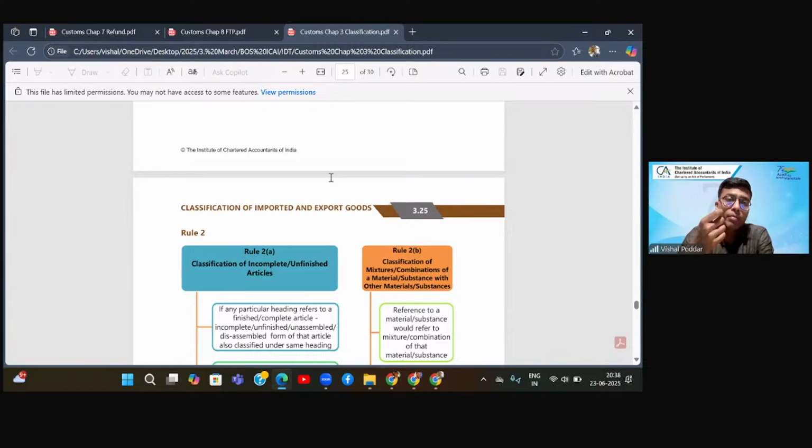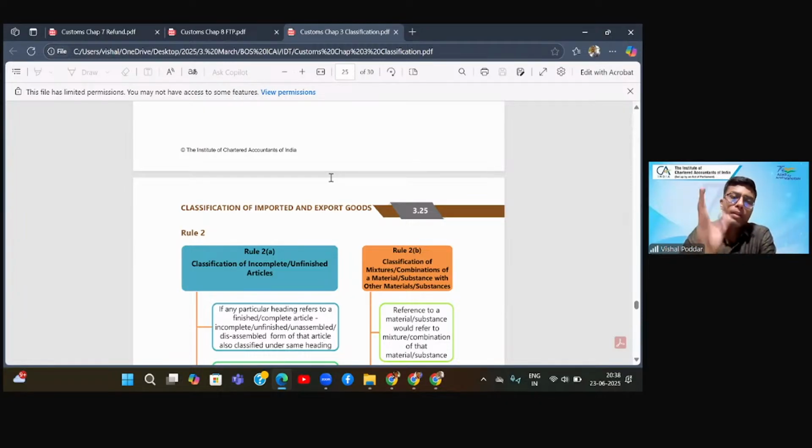Whether playing cards will be classified under products made of paper or under toys, that is where you have to read the section headings and chapter headings, because they very specifically mention where playing cards will be covered, whether in products of paper or in toys. So the first rule says go to the respective headings, read the notes to the headings and sections, and that would be the deciding factor.